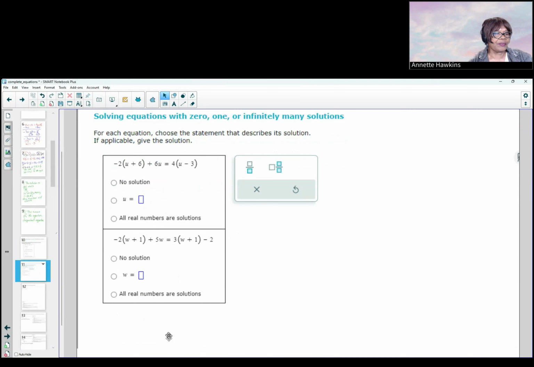Let's do these two. Hopefully it won't, Juan. I think that it's going to become clearer. Just hold on. Okay. So let's do the first one and the second one. Let me give you a few minutes to get started on the first one.